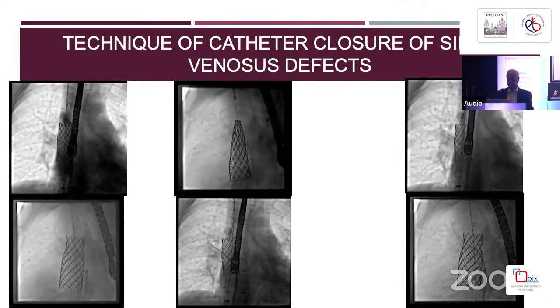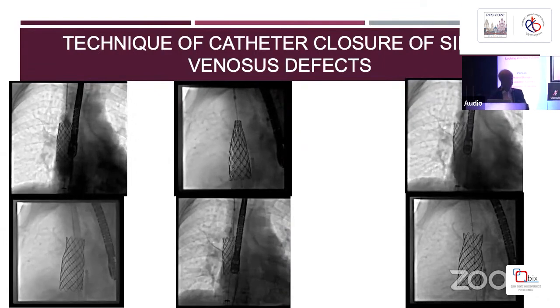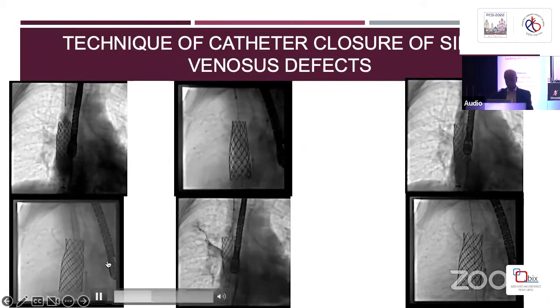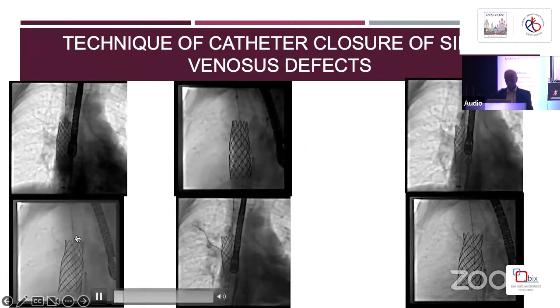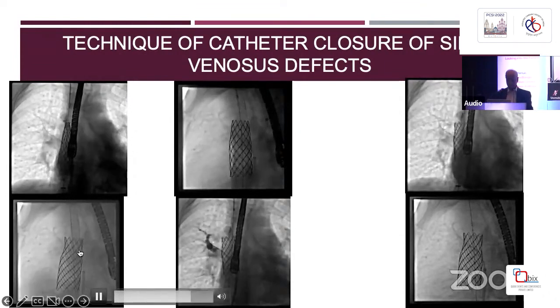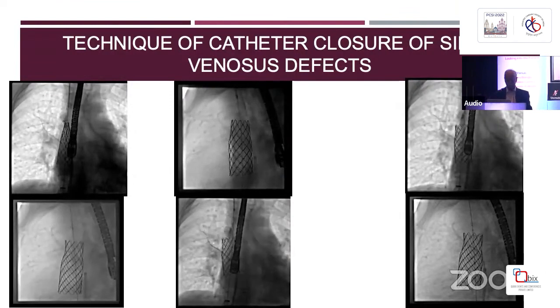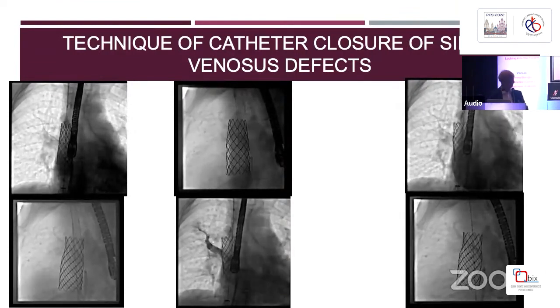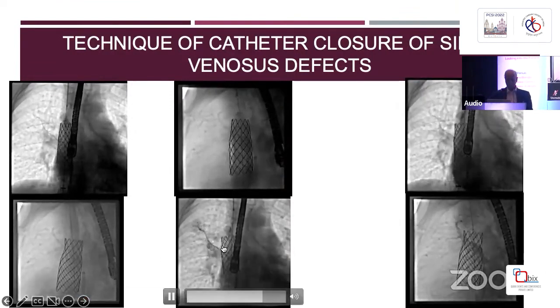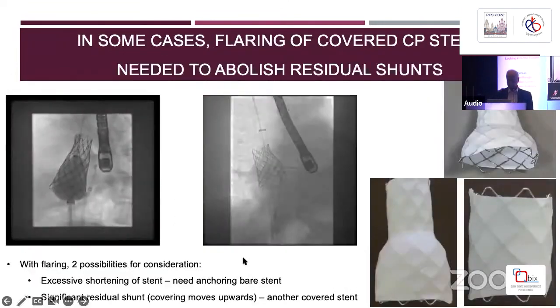The outer balloon is inflated, and then you see some flaring at the bottom and compression at the top end. And depending on what the angiography shows, here's the right pulmonary vein angio in the AP and lateral projection showing no residual shunt whatsoever.